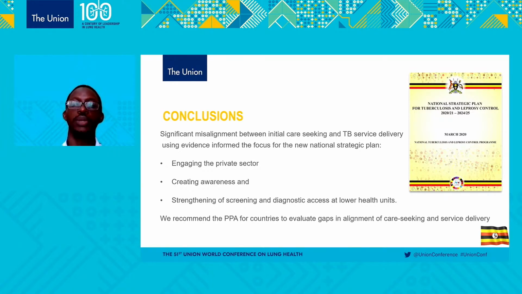We feel that once we expand the diagnostic capacity at these levels, it will enable us to give access to services where most of the people are seeking care from.